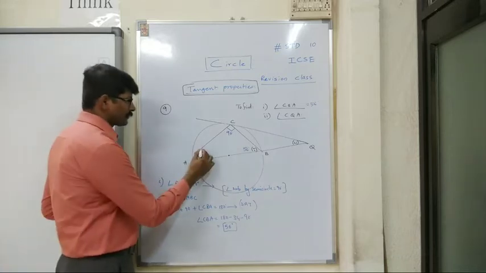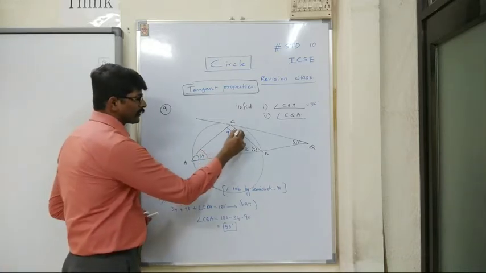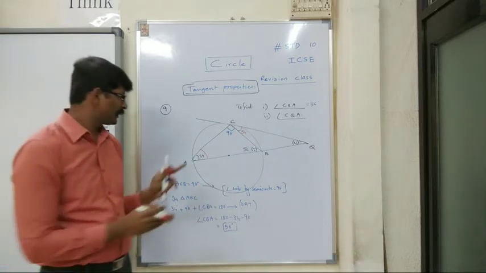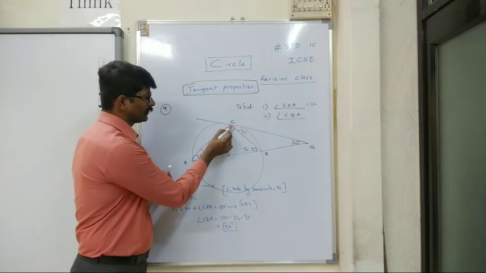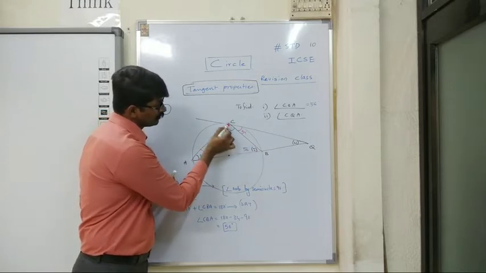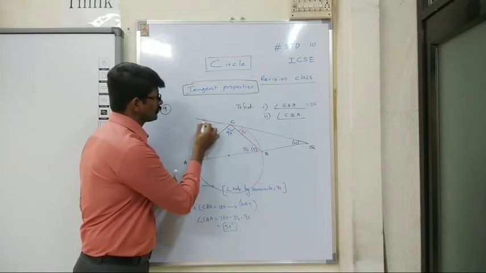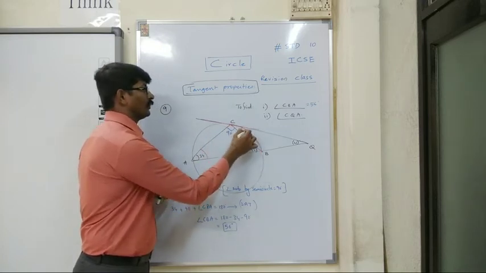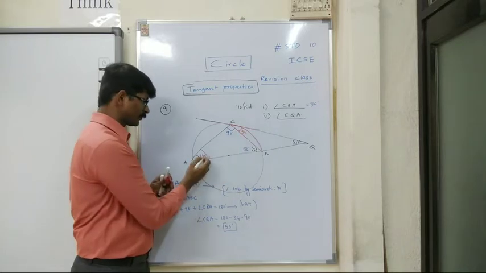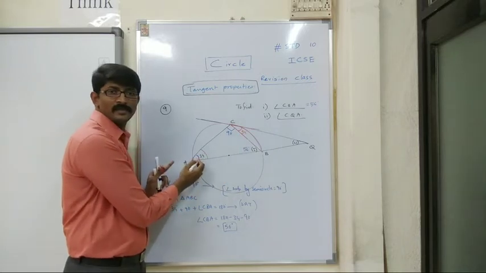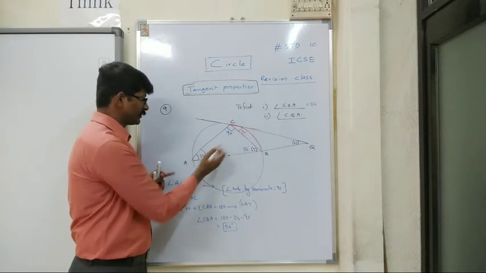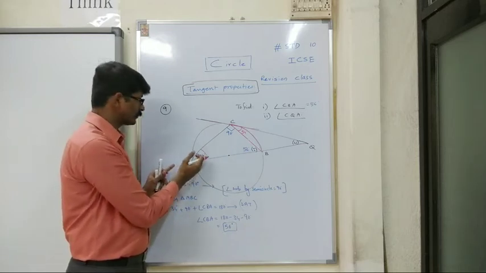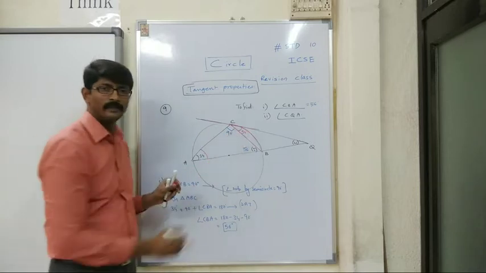If this is 34 degree, then even this angle is going to be 34 degree. Why? Because this is the angle in major segment. Look at this. This is the chord. This is the tangent, and this is the angle in minor segment. It's supposed to be equal to the angle in major segment, because angles in alternate segments are always equal. So if this is 34, even this is going to be 34.